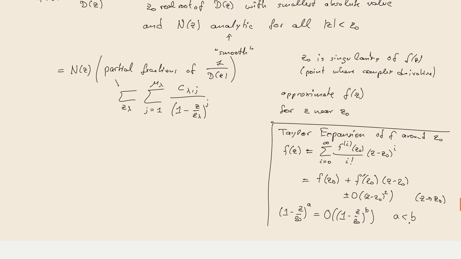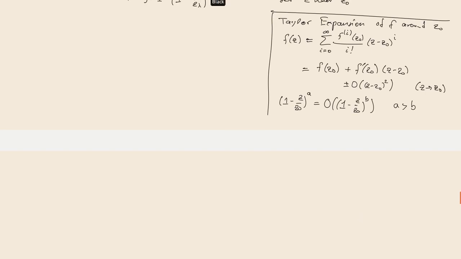If a is smaller than b, it should be larger, sorry. If a is larger than b, then we need more paper. So this is the continued box.